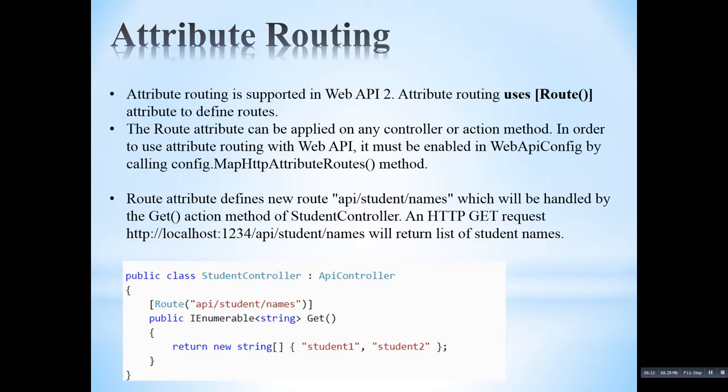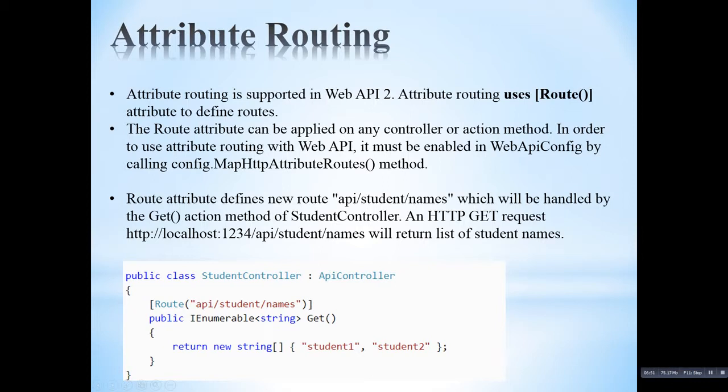How to do attribute routing. For attribute routing, we have to specify the route path on a method. Suppose this is the GET method of the student controller, and I write api/studentnames in the Route attribute. That means if we execute the base address plus this address, then the GET method will be called. This is called attribute routing.